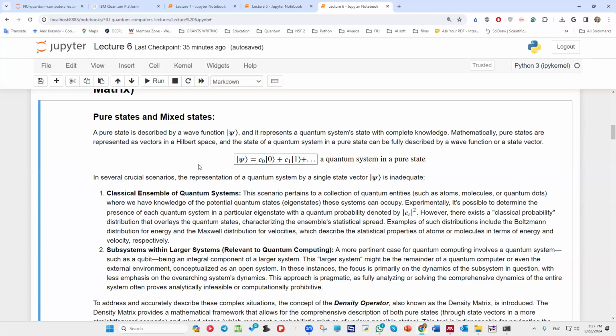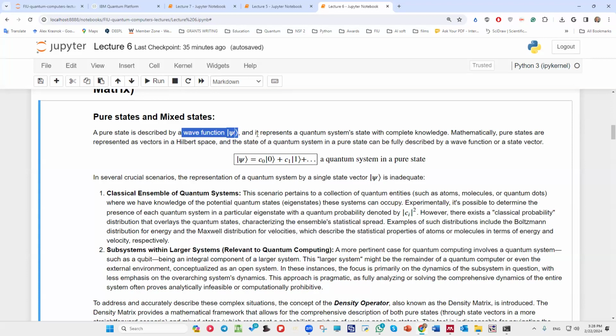So what is a mixed state, and why do we need mixed states? Let me come to this point from this angle. So far, when we've been discussing these quantum system models, we start from the formulation of a wave function or quantum state psi.